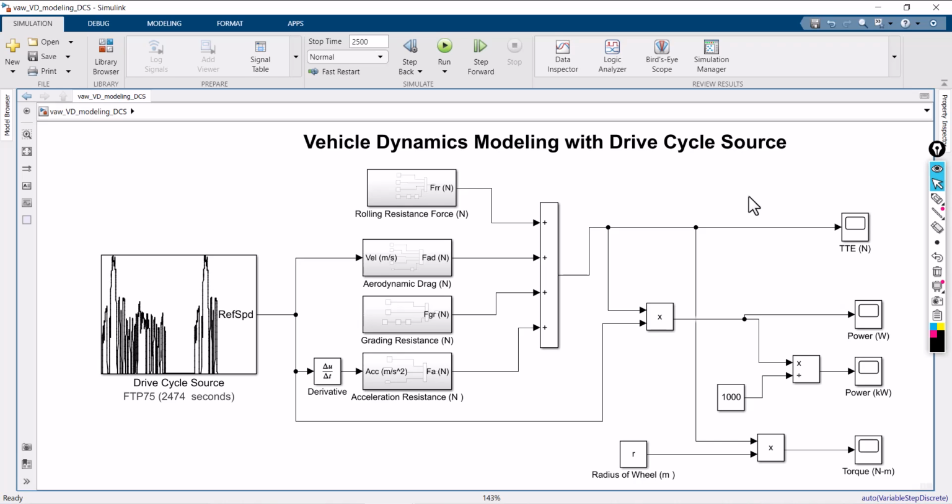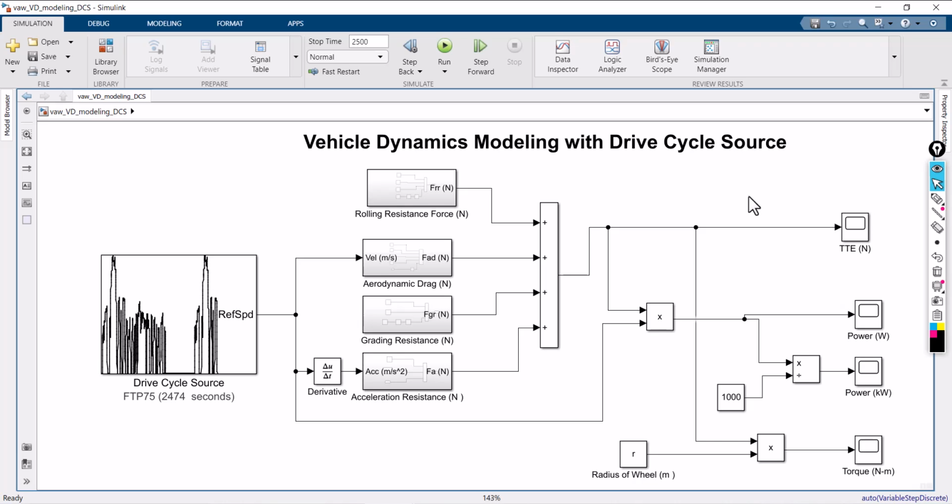Whatever the drive cycle source I am using here, it's only one drive cycle source. In real time, you have to do the same kind of simulation for different drive cycle sources. From those different drive cycle sources, you'll get different total tractive effort, power required, torque required. From that number of powers and torques available, we have to choose the maximum power and maximum torque.